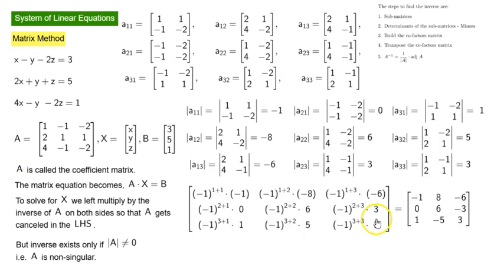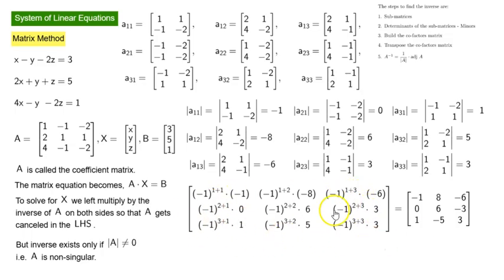Okay. Now this is our cofactors matrix. What have we done? We have taken the minors and we have incorporated the positional signs, minus 1 to the power of i plus j. So 1 plus 1, 2 plus 1, 3 plus 1, and so on.